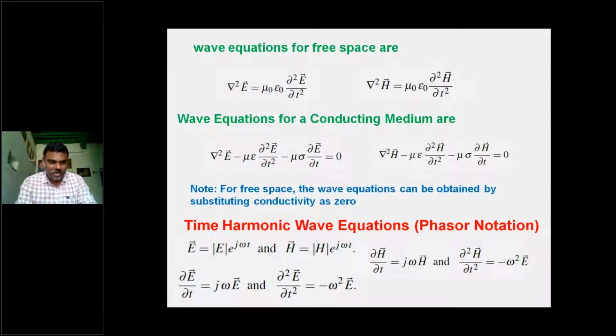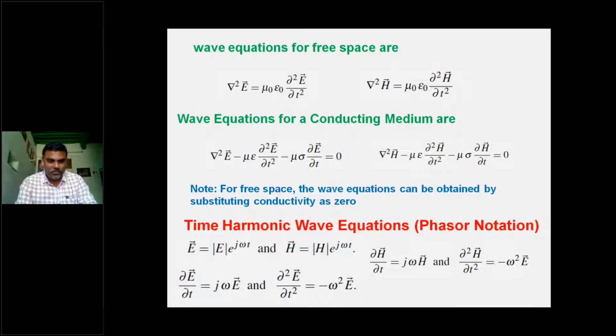By differentiating once, dou E by dou T, the magnitude is independent of T, so it is constant. Differentiating e power j omega t gives j omega into e power j omega t. So we can write j omega times the magnitude of E into e power j omega t as j omega E. And again by taking the second differentiation, you will get one more j omega.